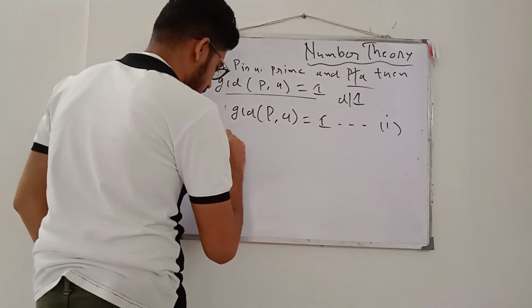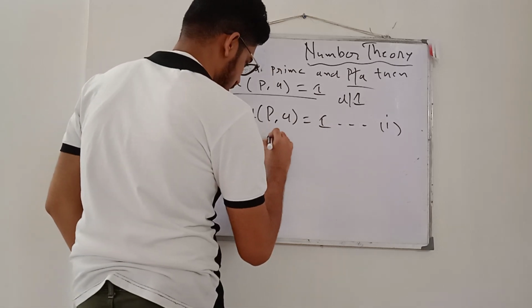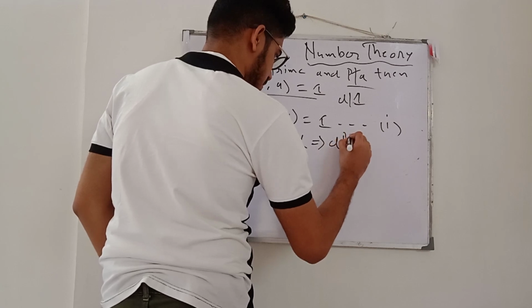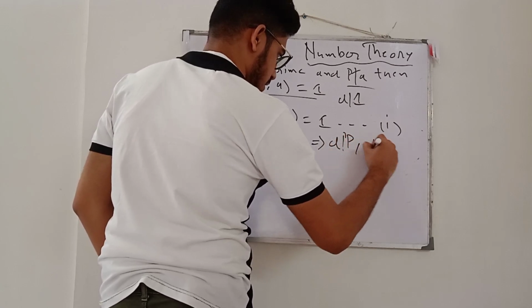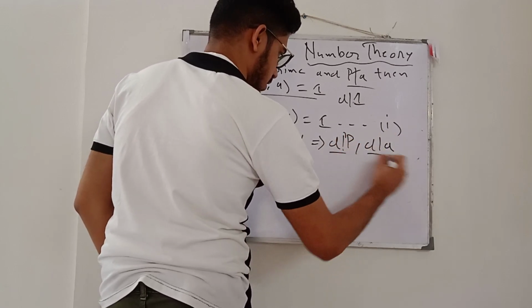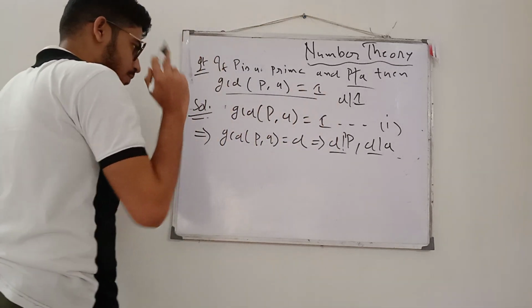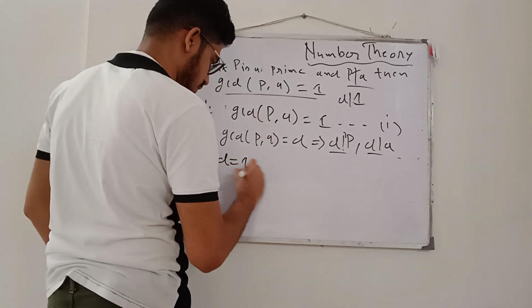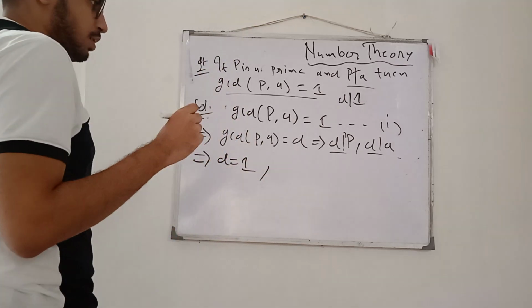Now we are putting GCD(P, A) is equal to D. Then D divides P, D divides A. Now from here we have been given that D is equal to 1.